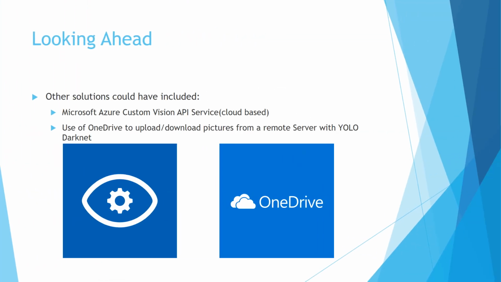And so looking ahead to the future, as we look back on this project, we saw that there were two main other solutions that could have been ventured upon. One of them was the Microsoft Azure Custom Vision API service. Now this is a cloud-based service, so it wasn't really useful for what we had our project tailored towards, which was something more offline, something more direct.